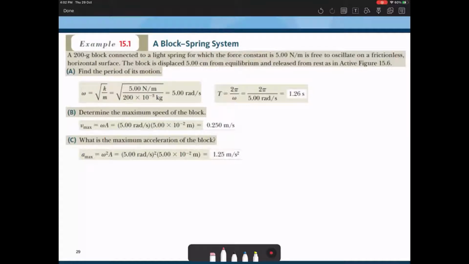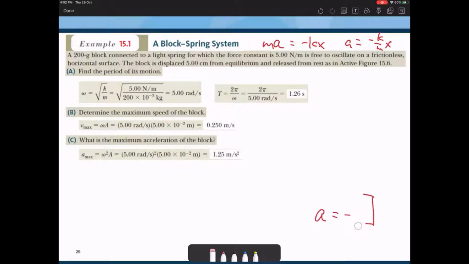For the spring and mass system, once again, you could write down the equation of motion, ma equals minus kx. So a is equal to minus k over m times x, which has the characteristic of simple harmonic motion. Because in simple harmonic motion, we are always looking for the equation form: acceleration equals minus something.